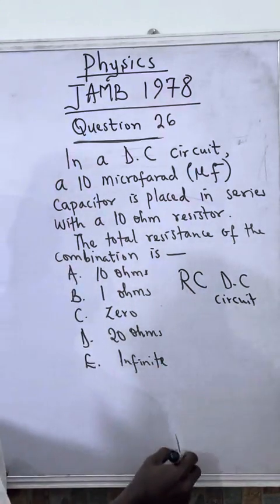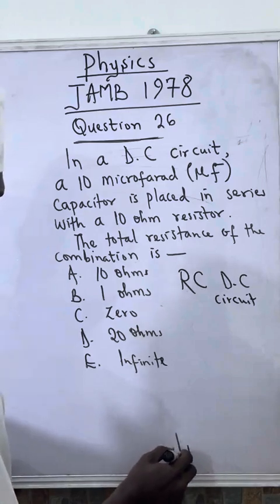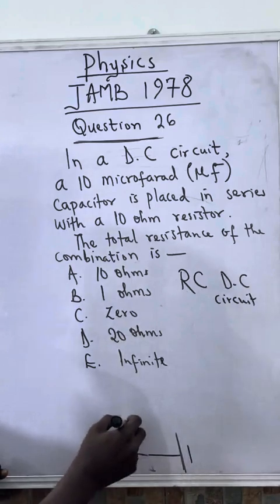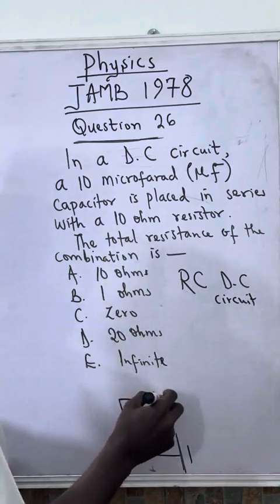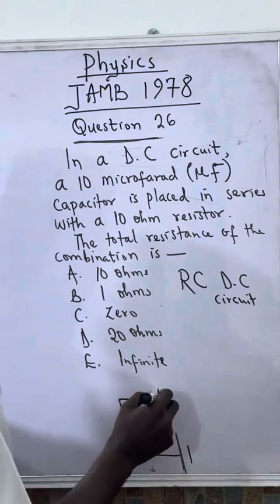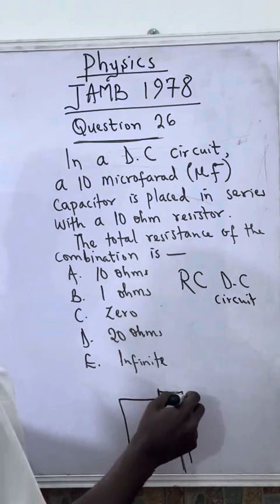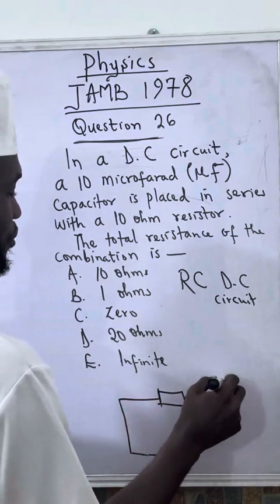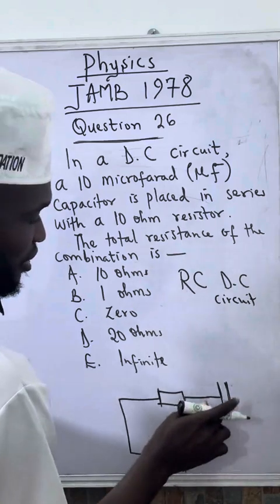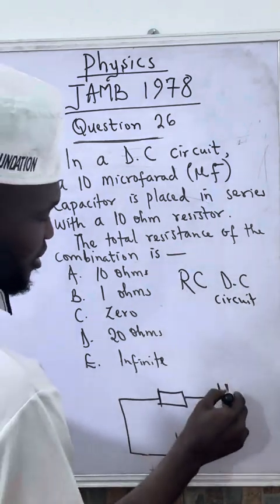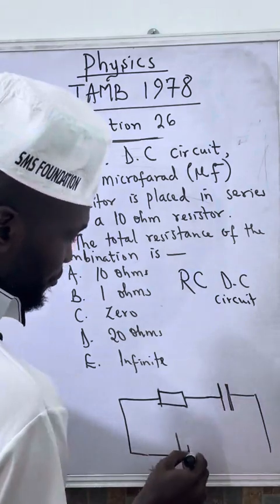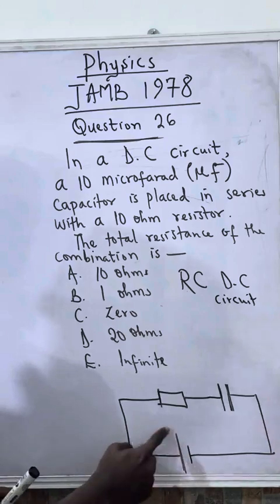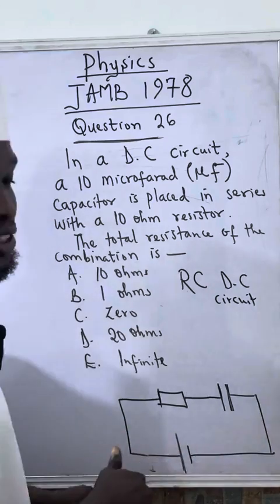So let's say this is the source of EMF, the cell, and it is connected to our resistor, and also we should have our capacitor. This is the symbol for a capacitor. The two terminals must be equal. It's different from a cell. The two terminals of a cell, one is longer and the other is shorter.